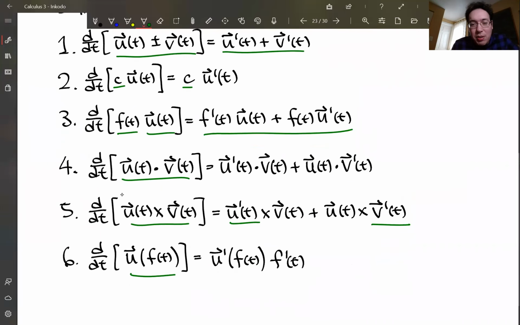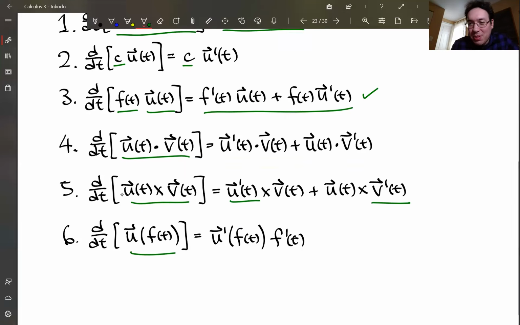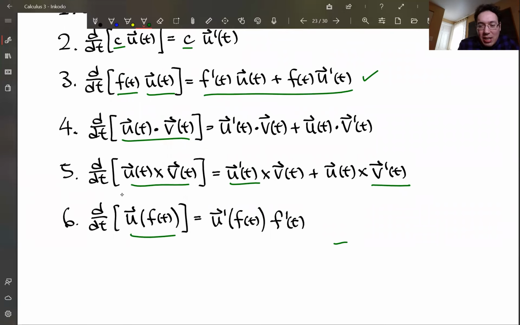I am not going to prove all of these, but maybe just by example, show that it works for one of these rules. Okay, so let's say we're looking at a function 1 over t, and maybe I'll call the other function u. Okay, so let's say I have both of these functions, and I'll compute the derivative two different ways and show that it's the same. So first, let me multiply them.